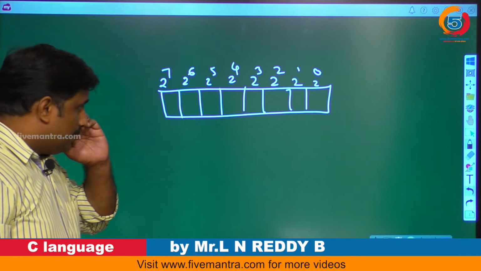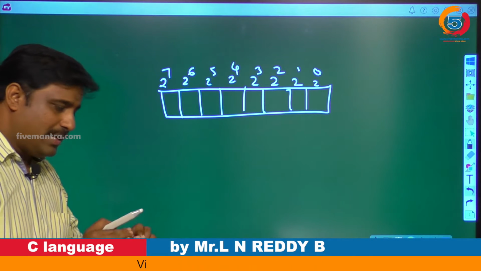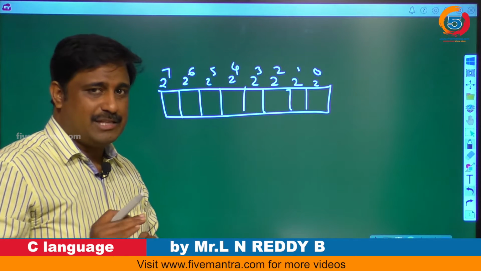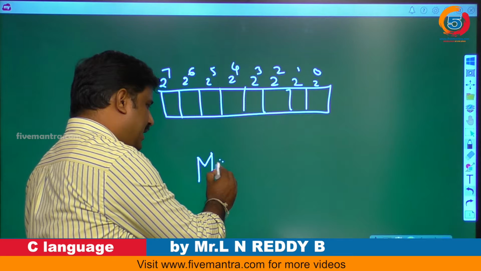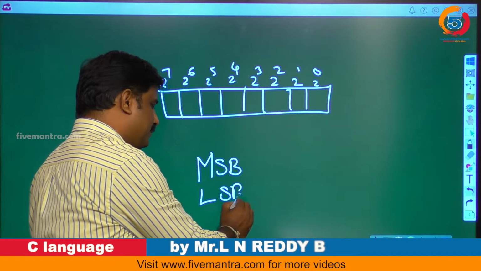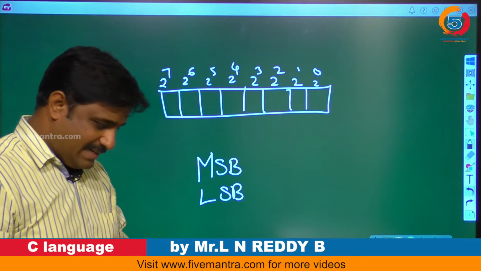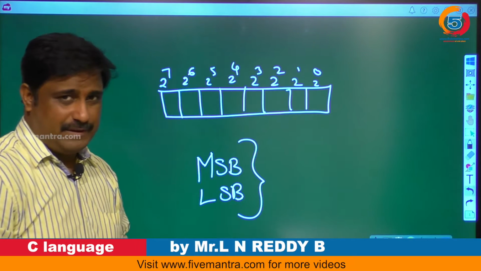Now, whenever we save any data into a memory location, it follows the MSB and LSB concept. Here, one end is the most significant bit, and the other is the least significant bit. And how to save this data inside the memory will be defined.